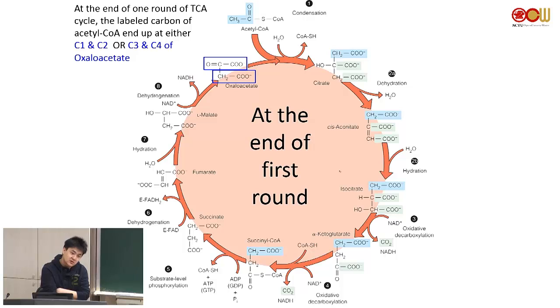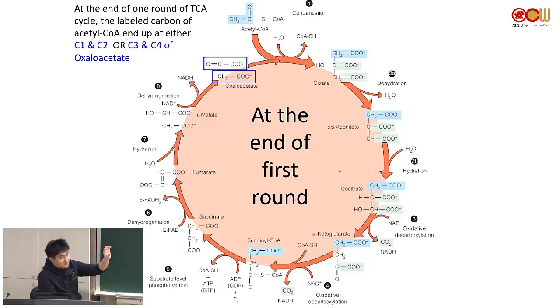So my point is that in the first round of the TCA cycle, the 2 carbons of the acetyl-CoA that you incorporated are not lost as CO2. The net reaction is 1 acetyl-CoA coming in, 2 CO2 coming out.